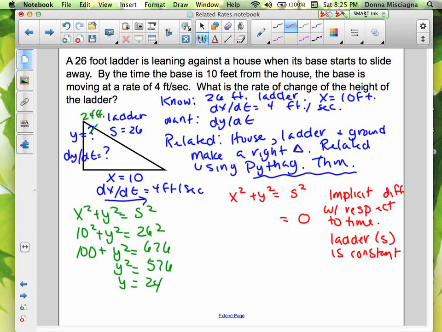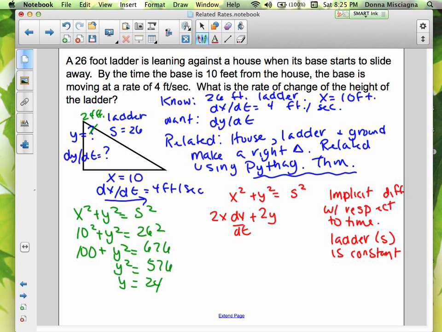Now let's take the derivative of x squared. We're taking it with respect to time. So the derivative of x squared is 2x, and with respect to time means we need dx/dt, because we're taking it with respect to another variable. Derivative of y squared: the exponent moves in front, reduce the exponent by 1, so we have 2y, but we're taking it with respect to time, so we need to include dy/dt, equals 0.